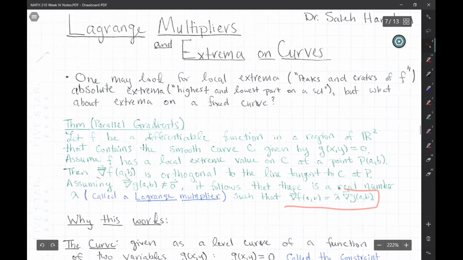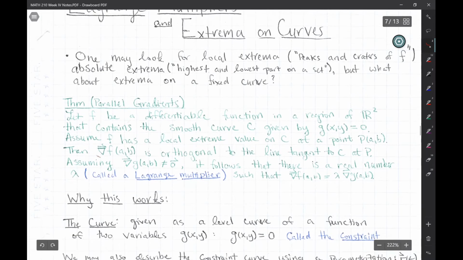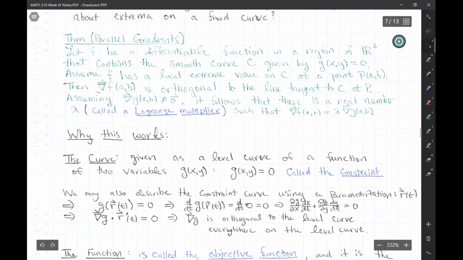Okay, so we have this relation. That scalar constant is called the Lagrange multiplier. Okay, and despite this section being called Lagrange multipliers, our objective is not actually to find the Lagrange multiplier. It's to find the points at which extrema along a curve occur.